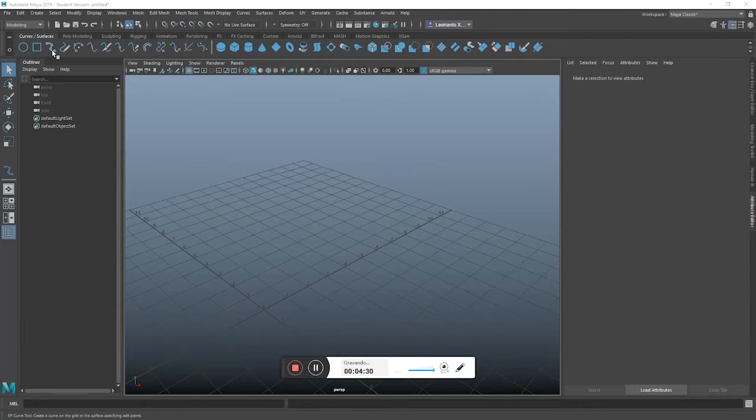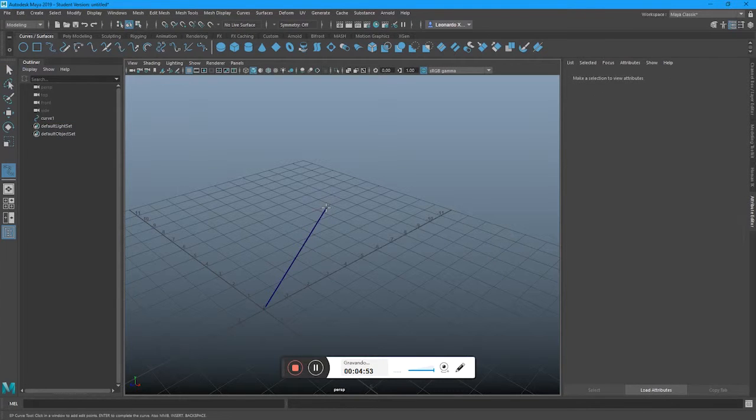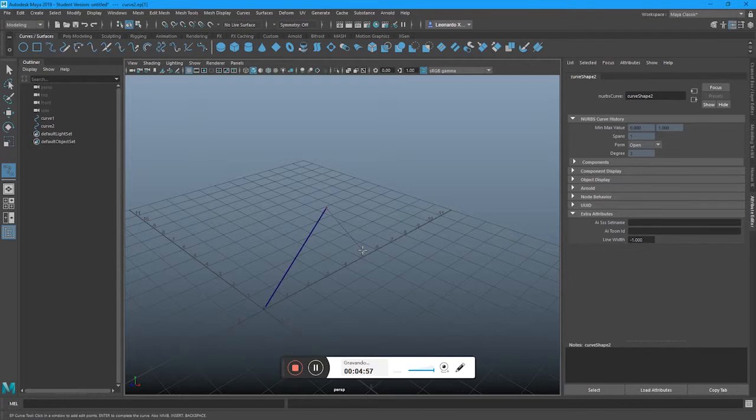So now we're going to create the same ones, vector A and vector B. Here is the tail of vector A, head of vector A, tail of vector B, head of vector B.